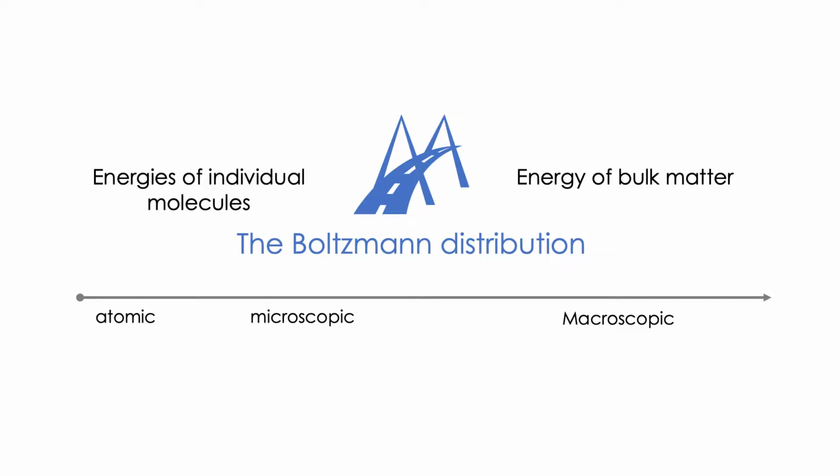And that makes the Boltzmann distribution one of the most important concepts in chemistry, because as we will see later on in the module, and as you will find in many other modules during your chemistry studies, the Boltzmann distribution is almost everywhere when you want to understand many chemical properties and its connection to the microscopic molecular world.